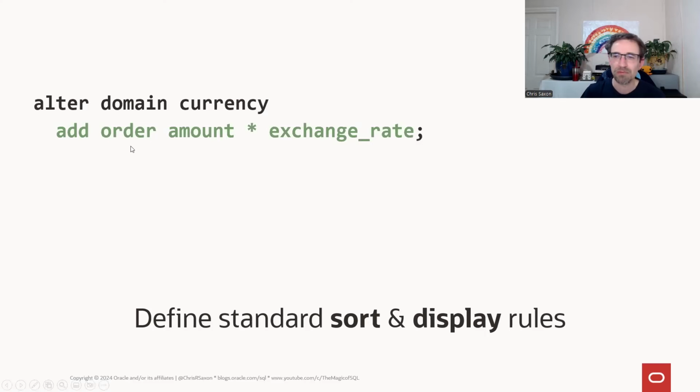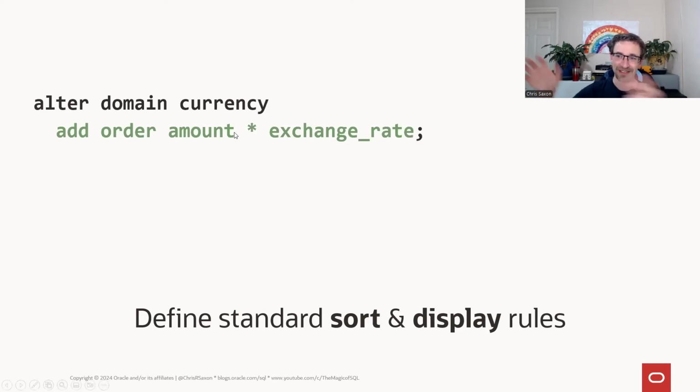So for sorting, we just probably want the amount times the exchange rate, right? So multiply those together. But when it comes to displaying, we probably don't want to just multiply those, because we'll end up with some number with lots of fractional precision, right? We probably want to round it to how many minor units there are in our currency of choice. So 2 for most people.